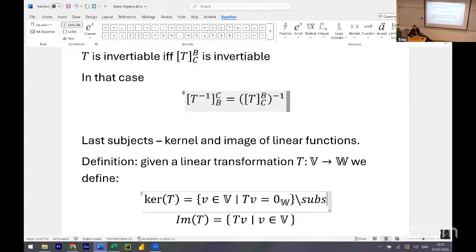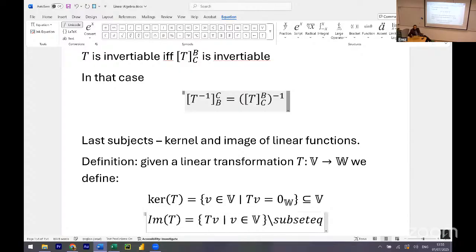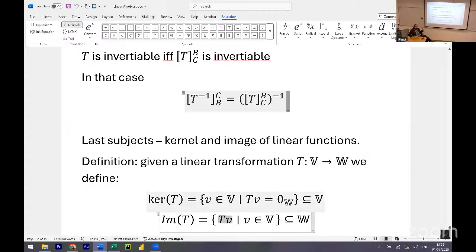The kernel, as we said, is within the domain because it's a subset of the domain. What about the image? In W? It's in W, right? Because it's all of the images. You apply T to all of the vectors of the domain, and you consider what came out. And that's the very same definition as in discrete mathematics.